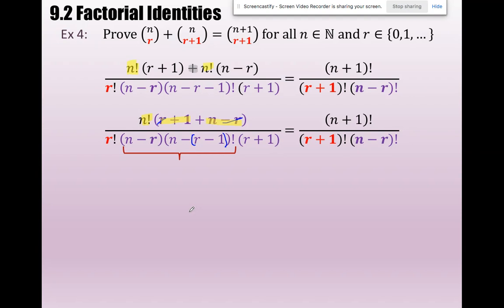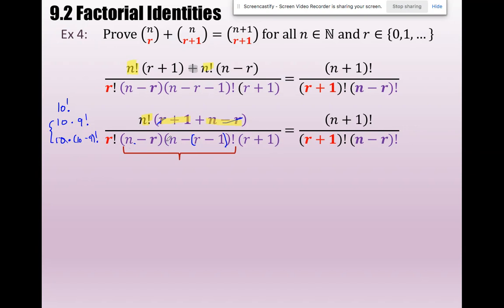Think about that. 10 times 9 factorial, or 10 times 10 minus 1 factorial. How can you rewrite that? Aren't both of those the same as 10 factorial?